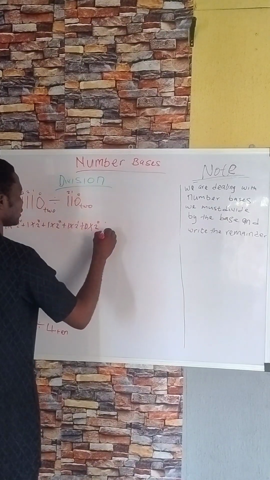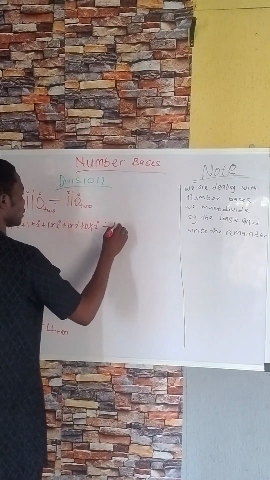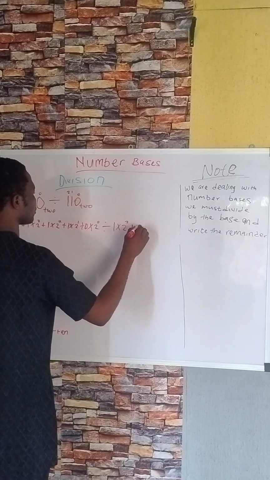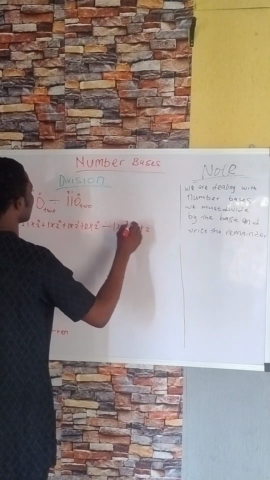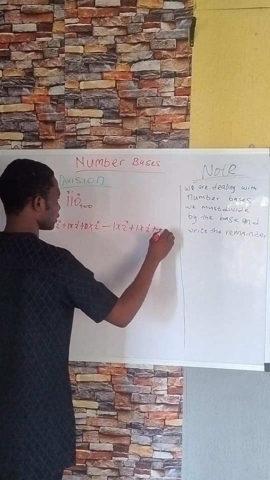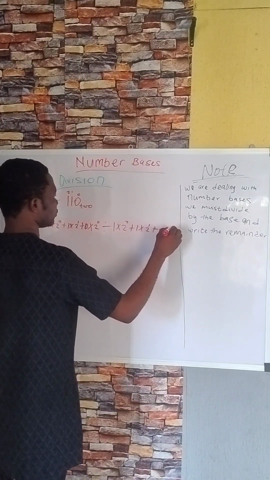Okay, so divide this by 1 multiplied by base 2 raised to the power 2, plus 1 multiplied by base 2 raised to the power 1, plus 0 multiplied by base 2 raised to the power 0.